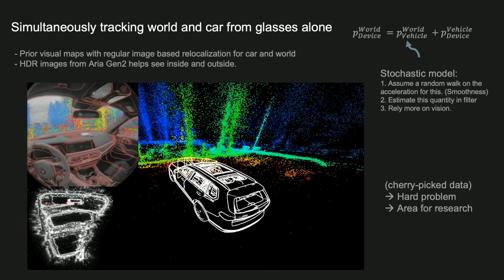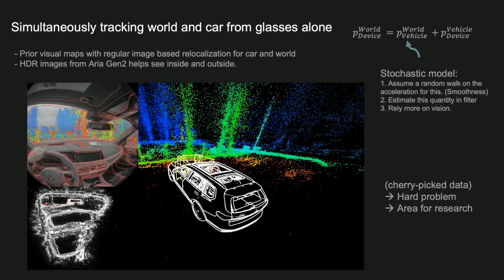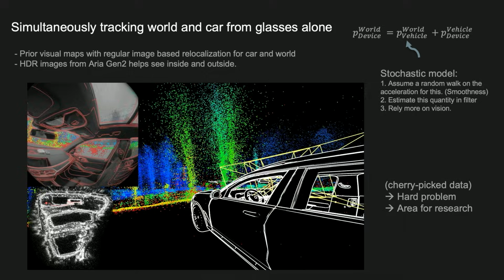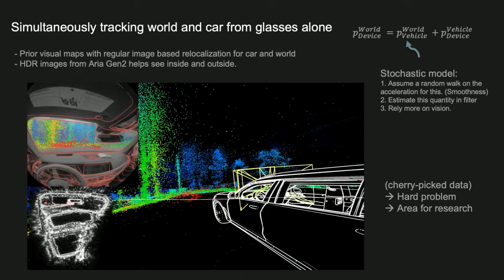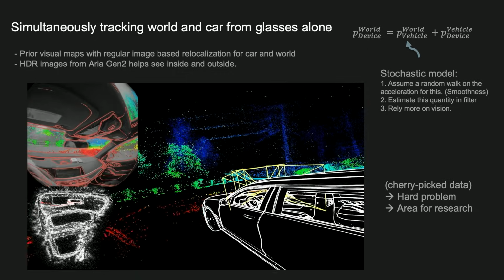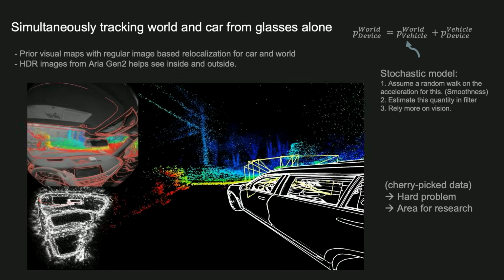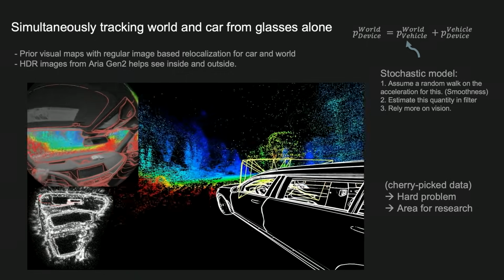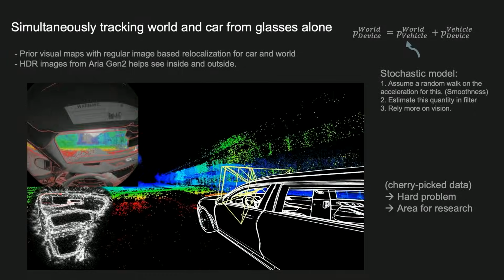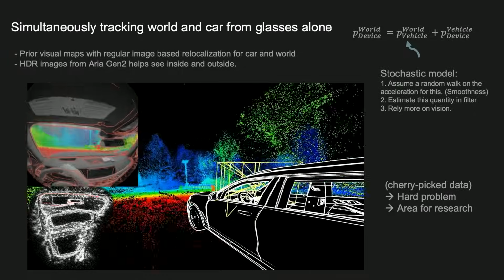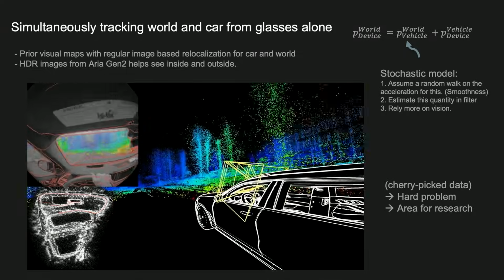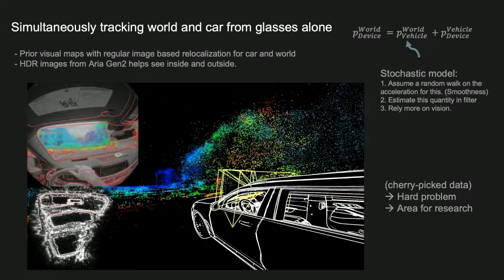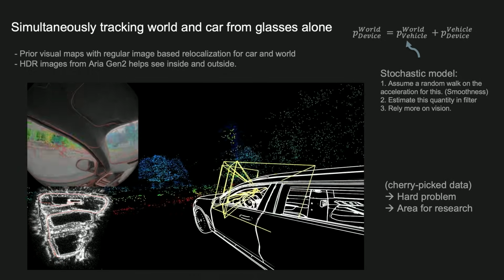That's an experiment I've done with a prototype of Aria Gen 2. Aria Gen 2 gives you HDR images, so that solves the overexposure you usually have in that case. What I show here is that on this image, I project a map of the world in the SLAM images, and I project a map of the car in the SLAM images too, and you will see that they match with the real images, meaning you can accurately track both reference frames at the same time from only the glasses sensors.